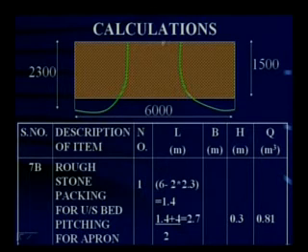So I have assumed a trapezium here. This is 1.4, this is 4. So the average comes to 2.7, into thickness 0.3. So this comes to 0.81 cubic meters.